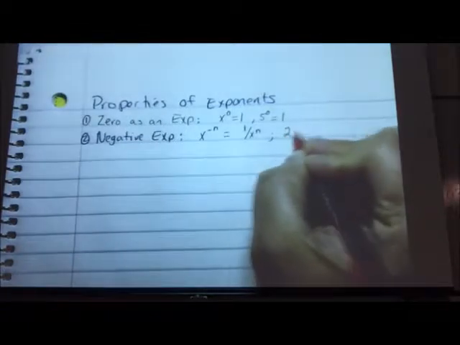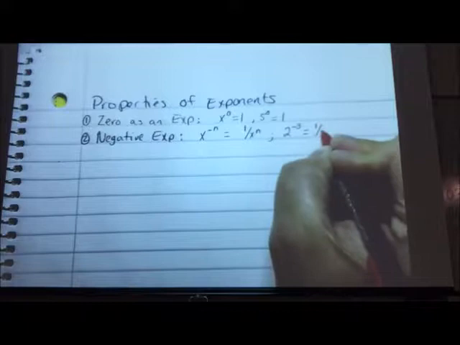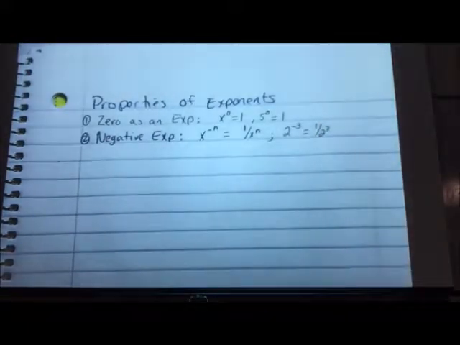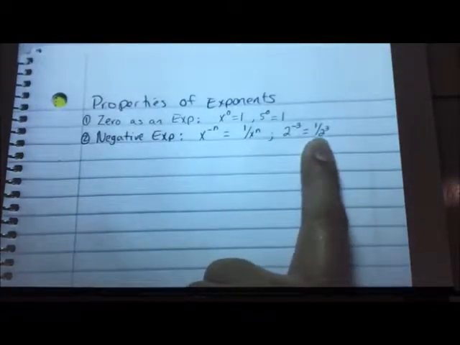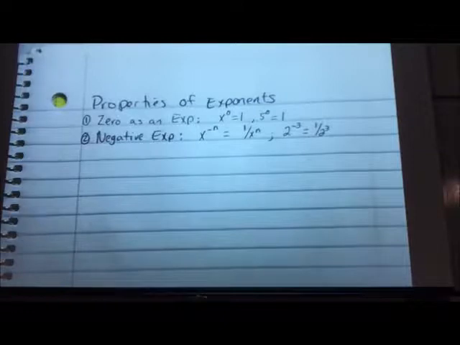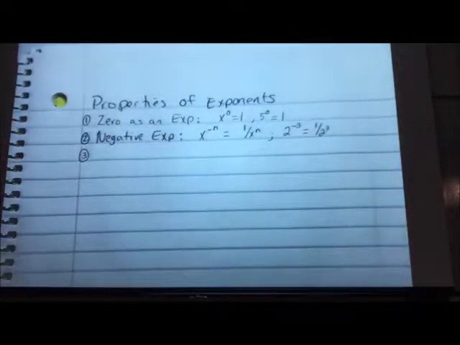Let's say we had 2 to the negative 3. This would end up as 1 over 2 to the third. So we rewrite it as a fraction, and when it goes to the bottom, it becomes a positive. So right now we're just writing the rules, but in a little bit we're going to see examples of all of them being used.